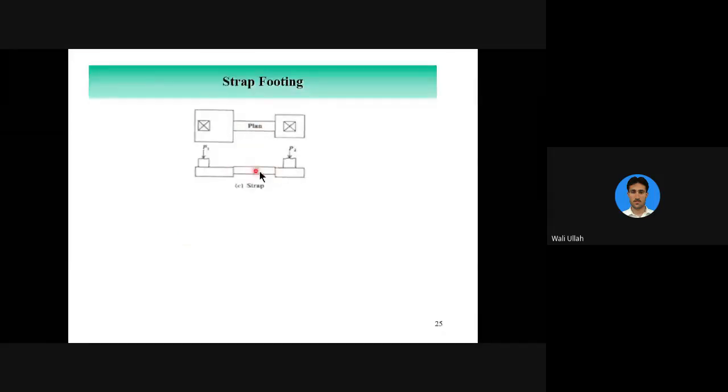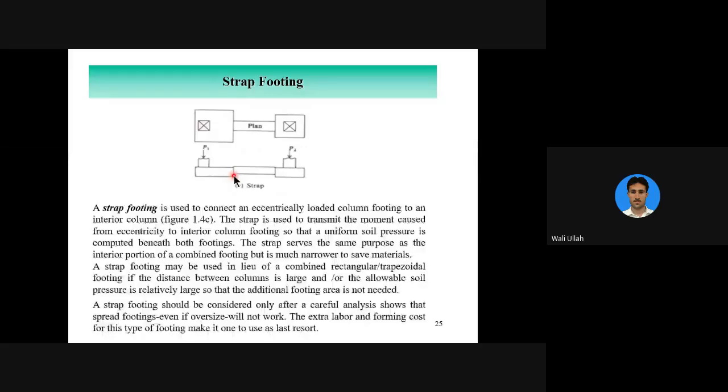The moments are taken up by this beam, and these two pads are subject to uniform stresses. We provide this when the distance between column 1 and column 2 is very large. So for economy purposes, we use this beam. This is called a strap footing.